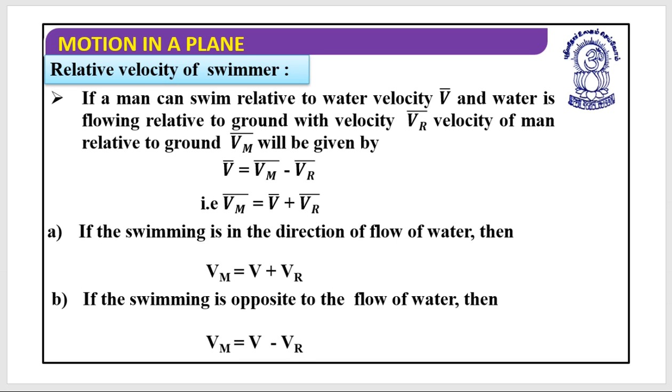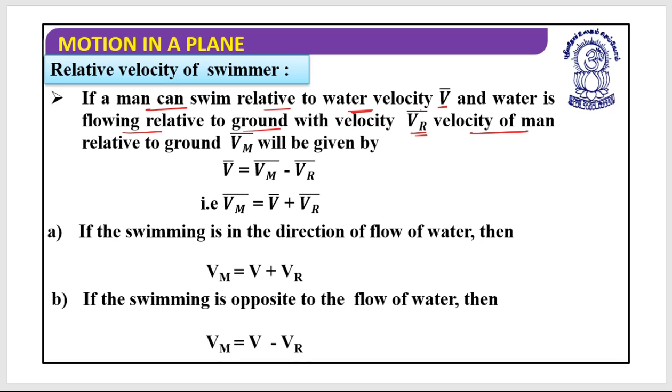Let's have a look at the different relations in the different situations. Suppose a man can swim relative to water with velocity V, and water is flowing relative to ground with velocity Vr.